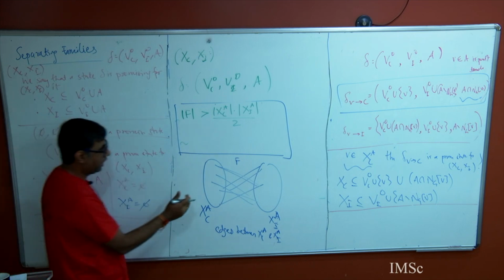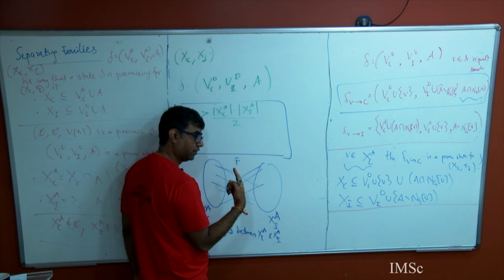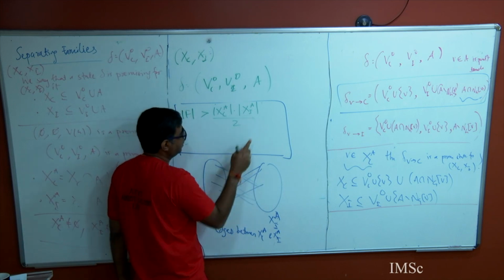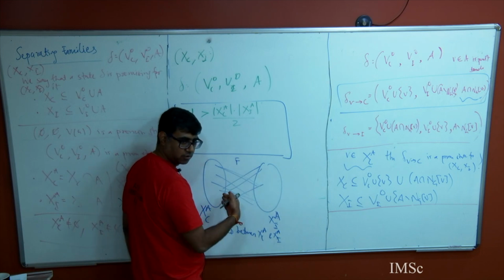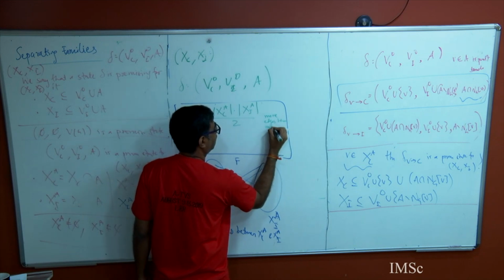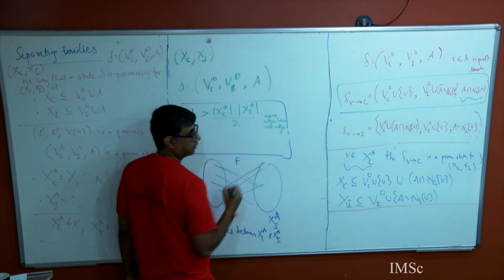So there are more edges here than non-edges. This is what it represents, no? Between these two parts, this means there are more edges than non-edges. What can you say now?